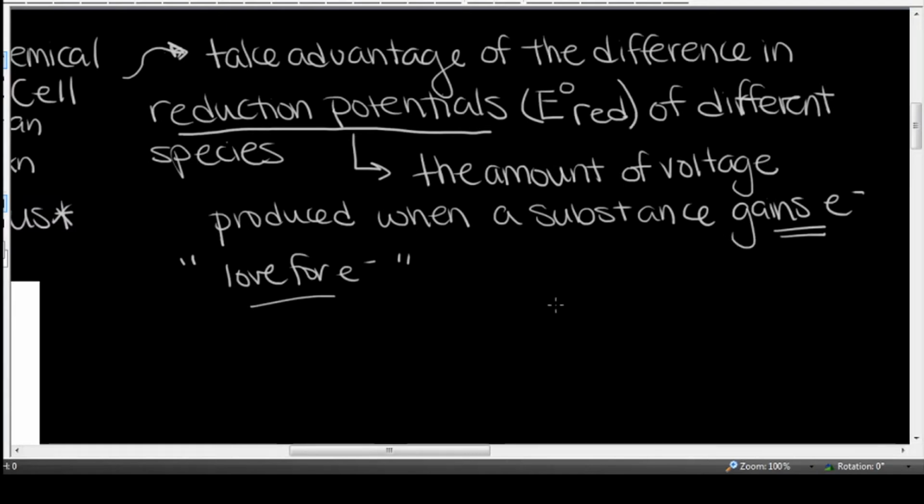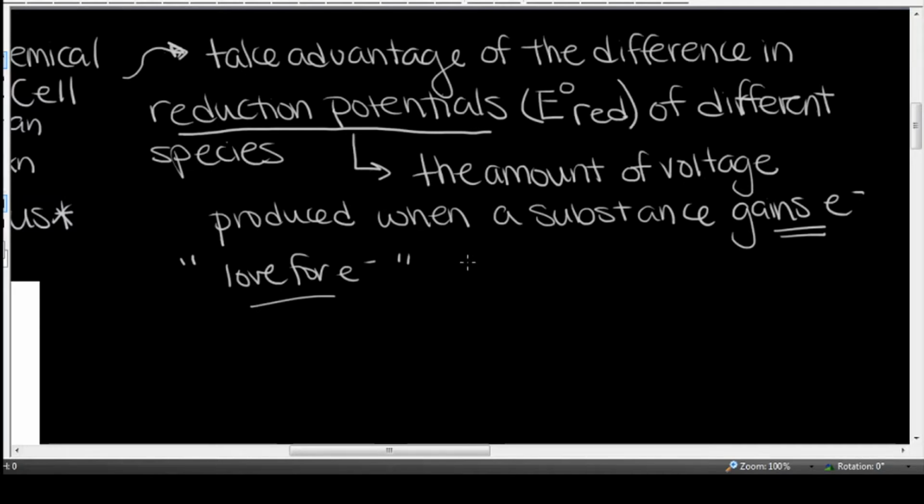And the reduction potentials list that I'm going to have you guys use is measured against hydrogen. So these reduction potentials that you're going to find listed in your textbook, as well as both within the chapter 20 text, as well as at the end of your textbook in Appendix E, are all measured against hydrogen.